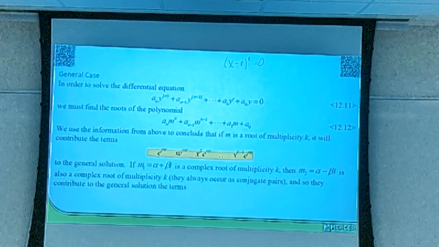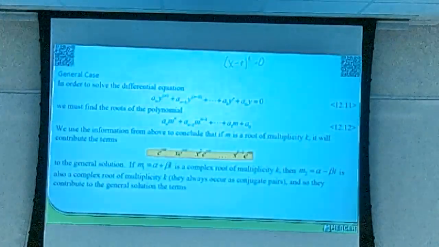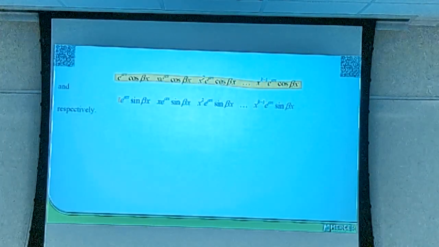And if it's a complex root of multiplicity k, it contributes 2 terms.